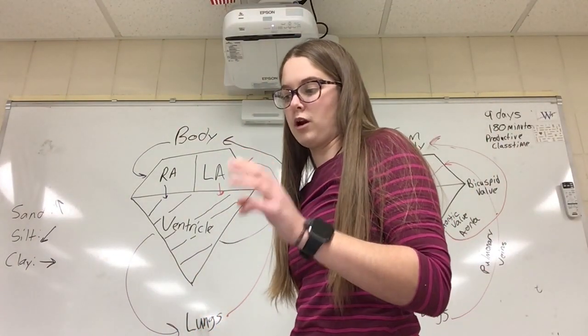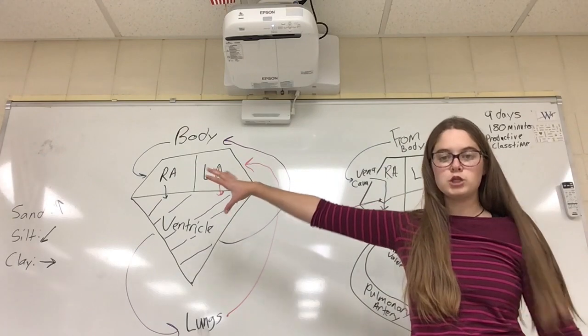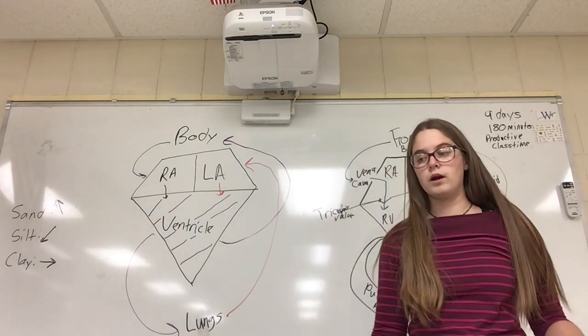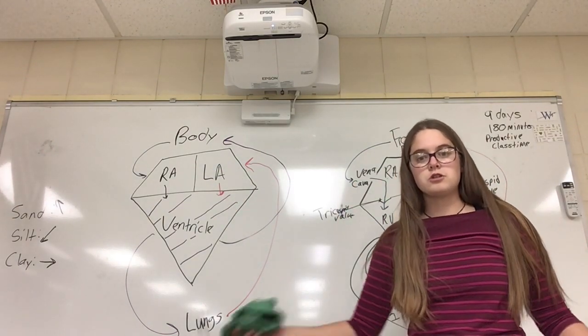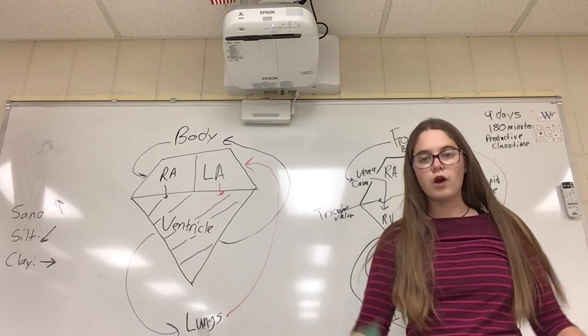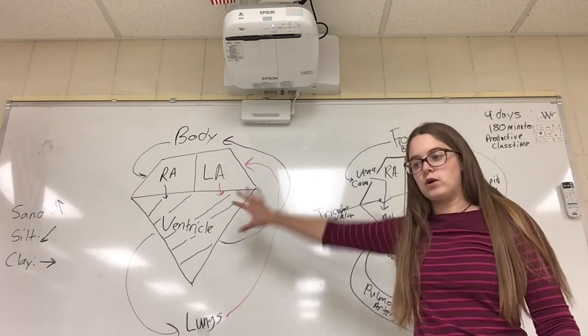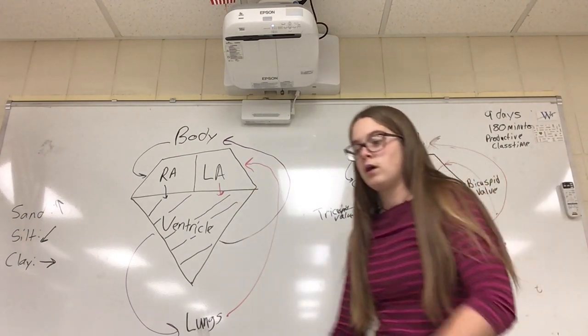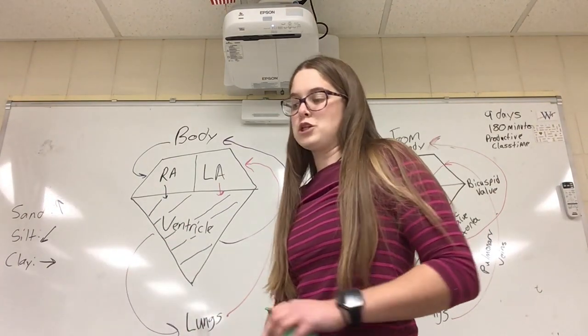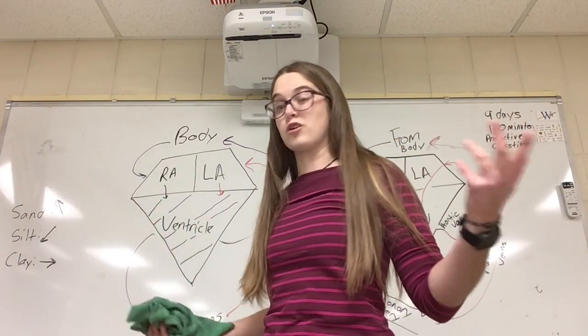So now I'm going to show our modified 3-chambered heart. Now, some animals that have this type of 3-chambered heart are going to be your amphibians. So, like your frogs, they're going to have a 3-chambered heart like this. The next heart I'm going to show you is going to be our reptiles, so like turtles.